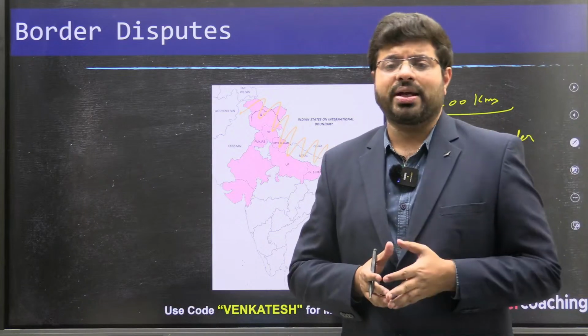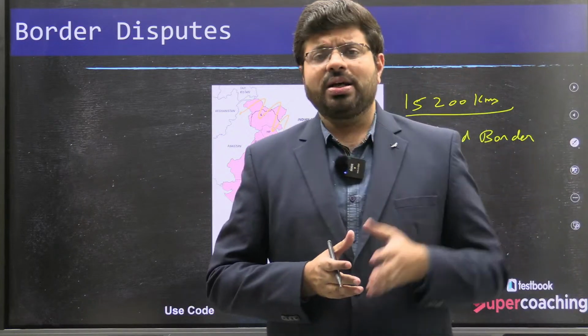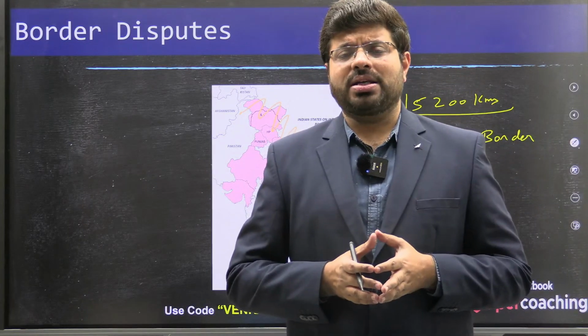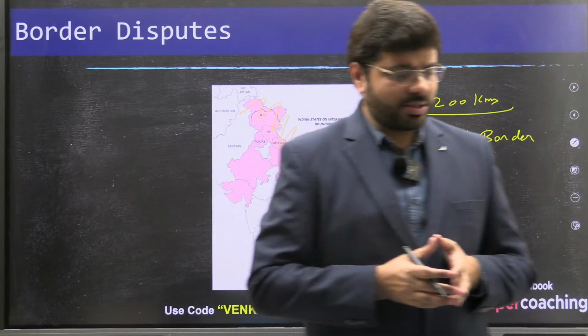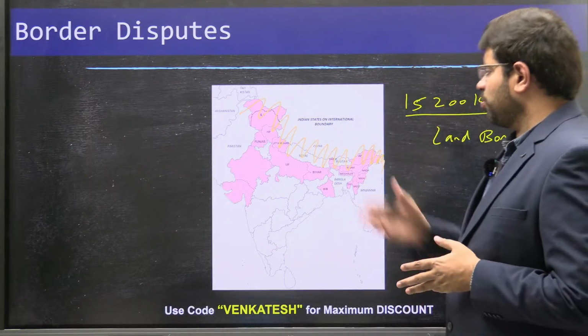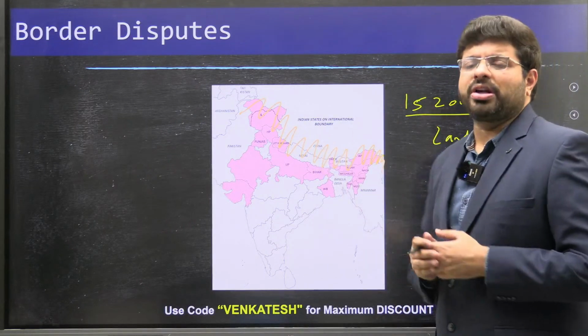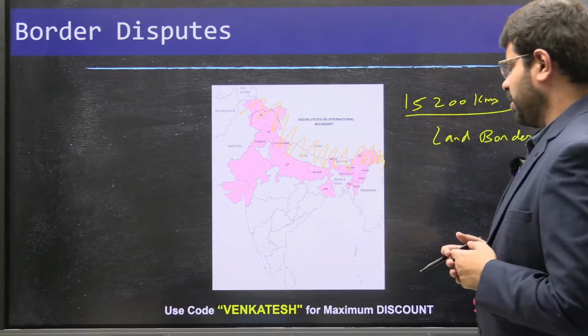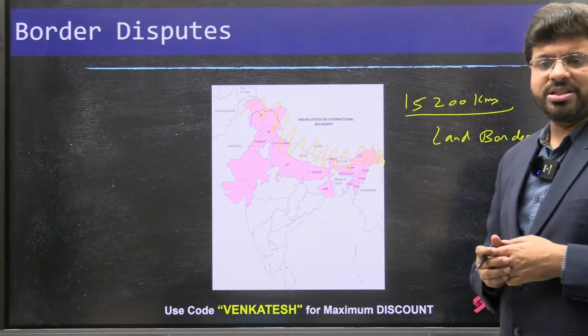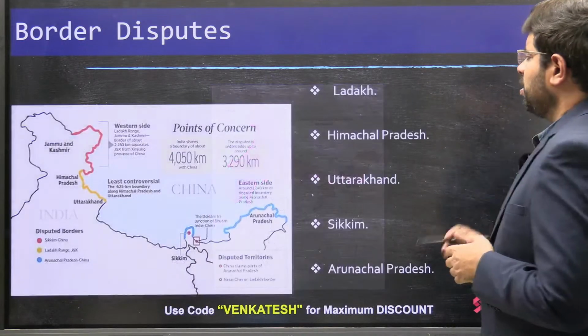Recently, last year, the Nepalese parliament discussed the border disputes with India, right? So one such thing is because of the topography or the terrain. Keeping that in consideration, let us see the major border disputes, say with China.